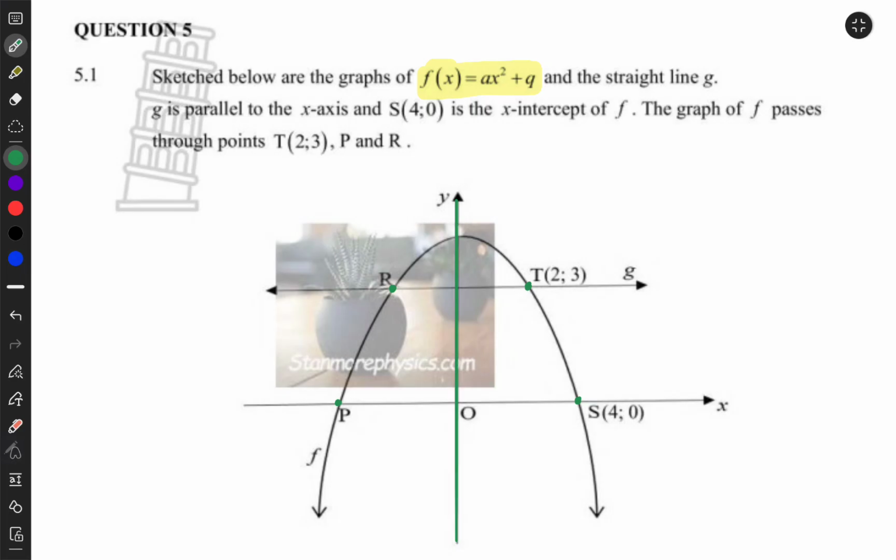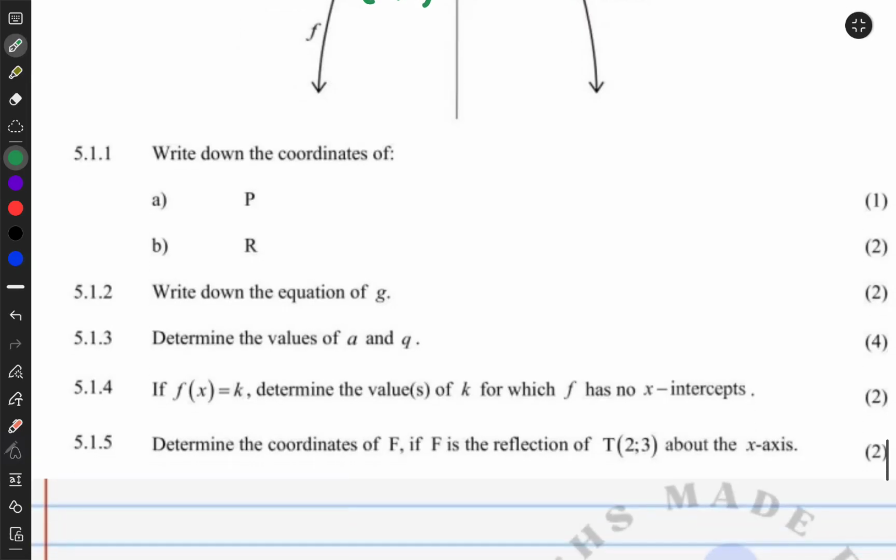So we know that those points are just reflected versions of the points that we have been given. For instance, R is negative 2 and 3, and then P is negative 4 and 0. So those are the points.